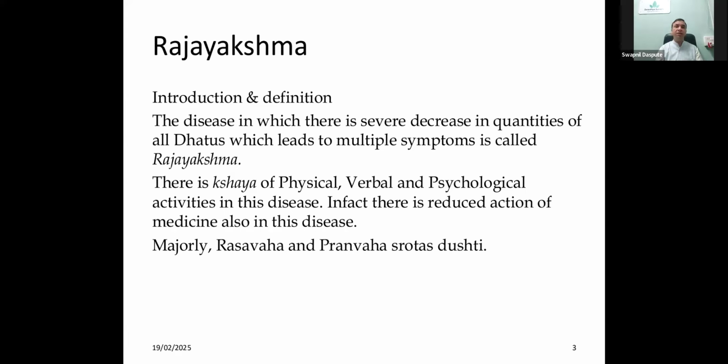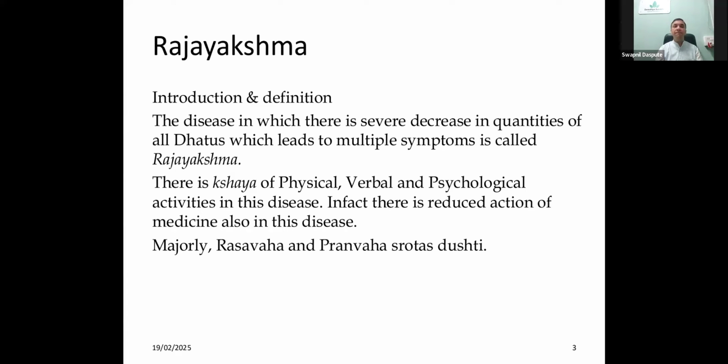Agni mandya at the dhatu agni level, which also means there would be Agni Mandya at the Jatharagni level. And when it is severe, at that time the action of the medicine also is reduced.